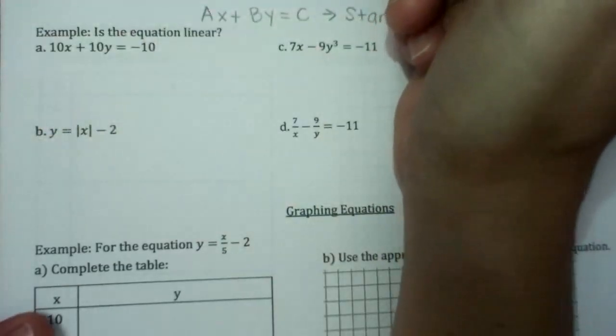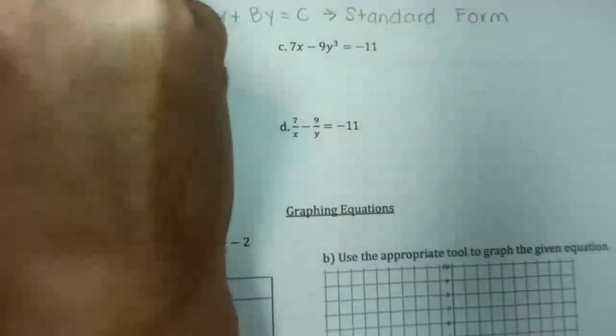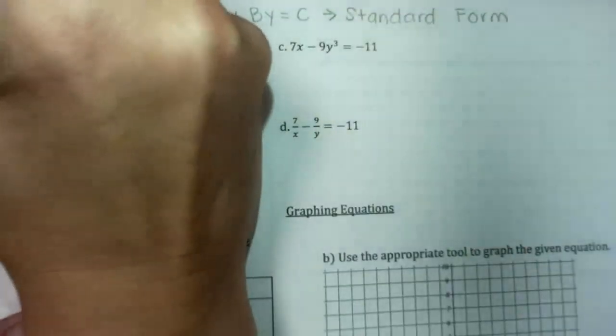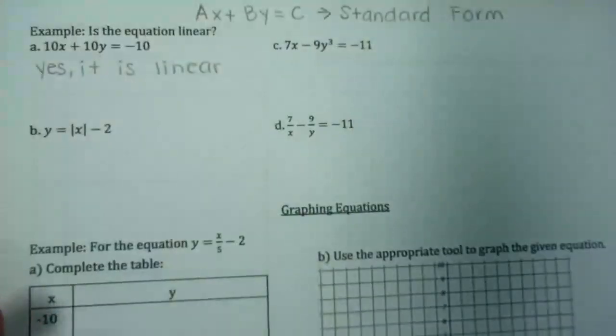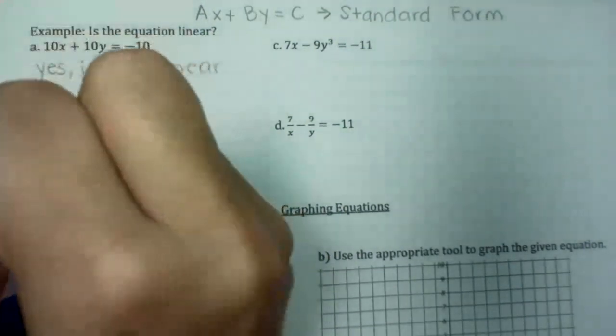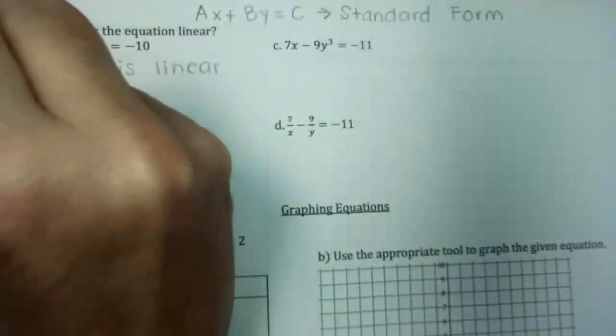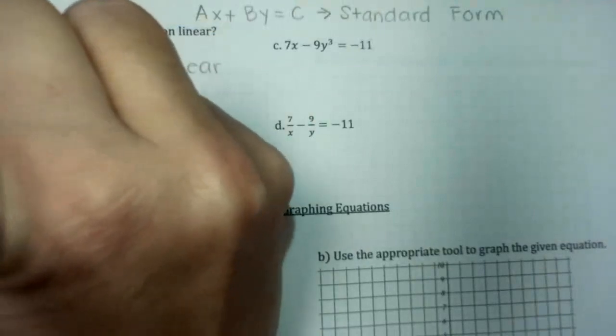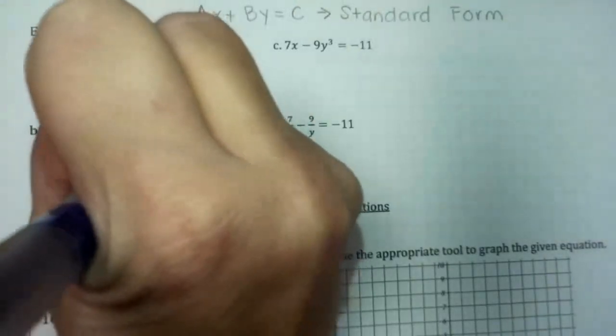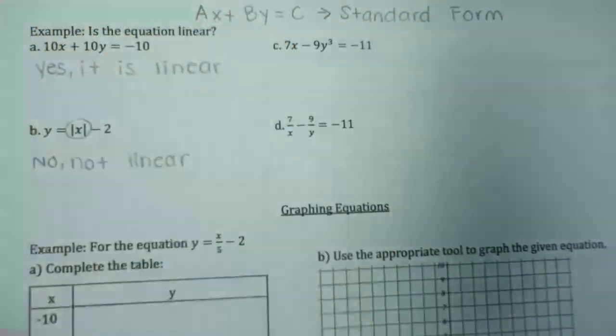So yes, it is linear. B, y equals the absolute value of x minus 2. Now I have these absolute value bars. The absolute value bars aren't in our standard form, and I can't get rid of them. So no, this is not linear. If I were to graph it, it would not be a straight line.